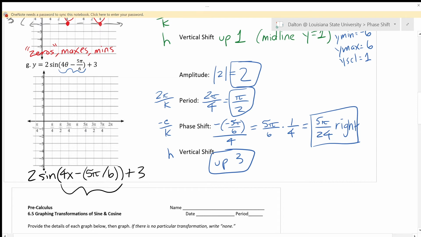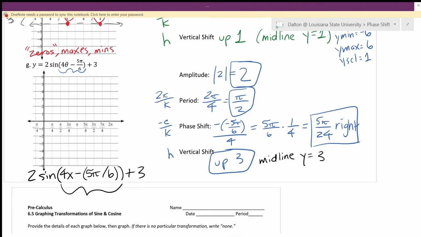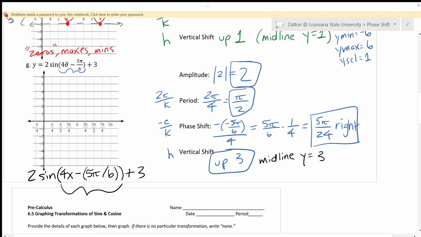Okay, now, before we graph it, I want to graph my midline. Where is the midline of this function? Yes, right? It deals with your vertical shift. So the midline is going to be at y equals 3. So I want you to graph a solid line at that y value. And remember, those are where our quote-unquote new zeros are going to be.